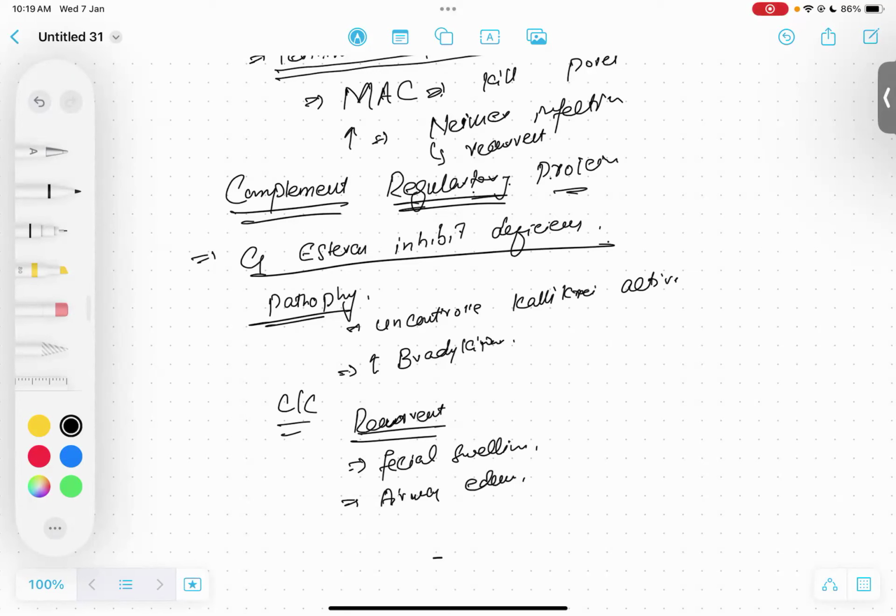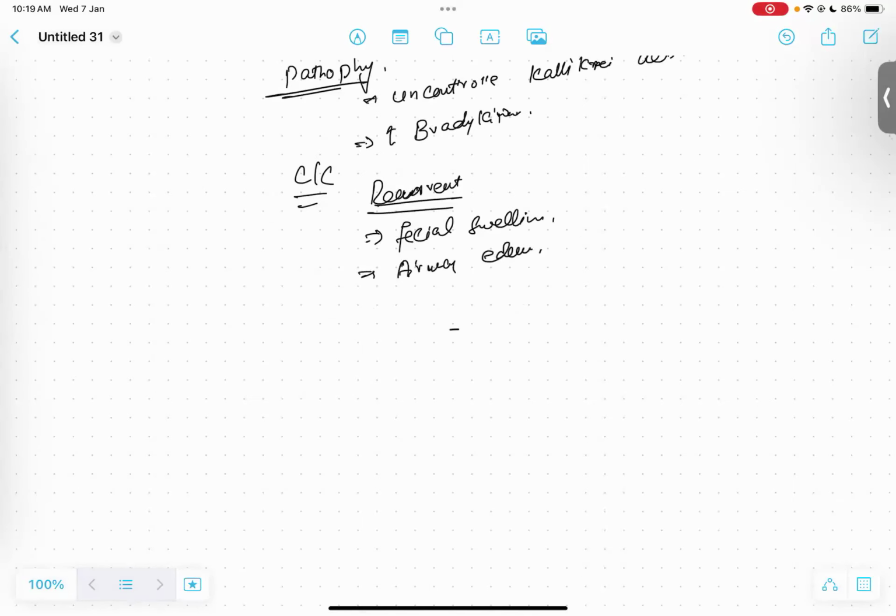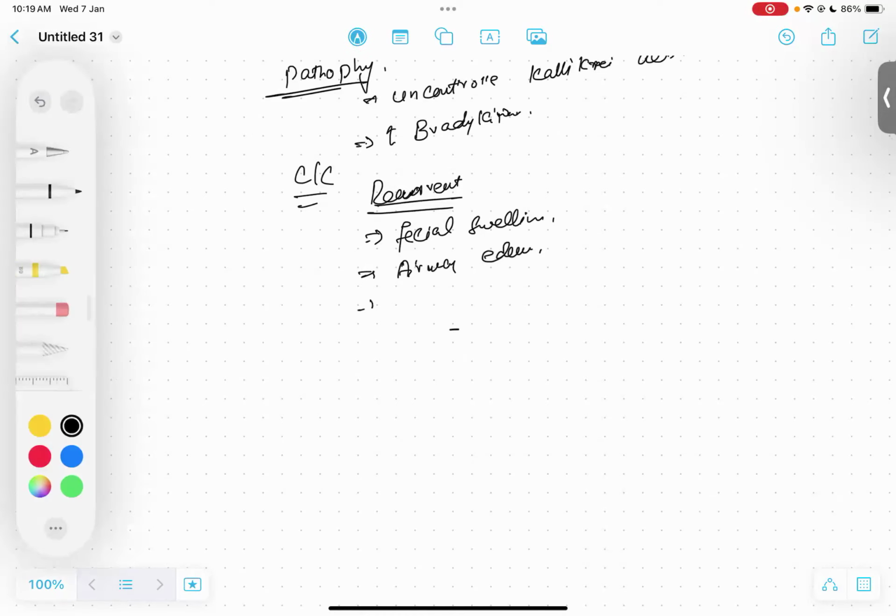And remember that these facial swelling and airway angioedema features are not associated with any type of urticaria. So no urticaria usually occurs in C1 inhibitor deficiency, and no itching. So this is actually the differentiating feature from other types of allergies as well.